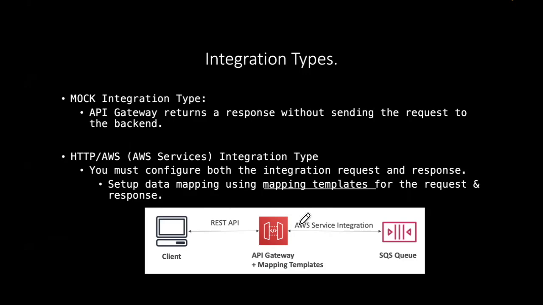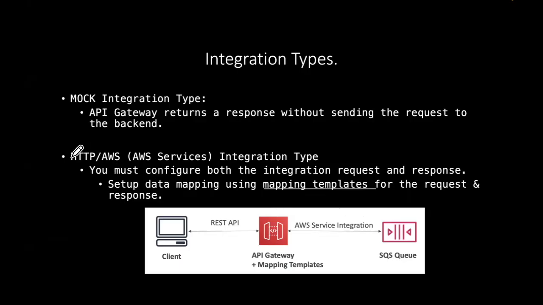And it's not just for SQS. It could be S3, could be SNS, could be SES, sorry, for Simple Email Service. So there are lots of different options here. And so you have to somehow explain to API Gateway how it transforms the HTTP request into a form that can be sent to the relevant backend. And as I said, you do that by means of these mapping templates that you attach to your web API configuration.